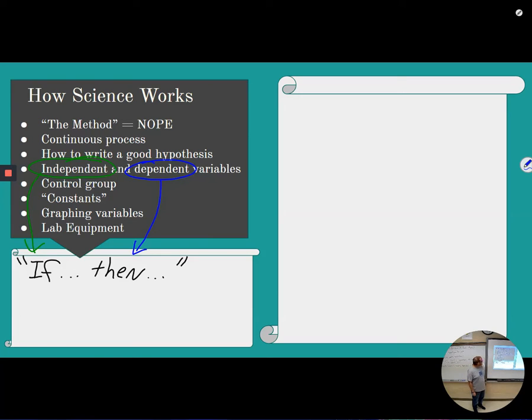Okay. In a good experiment, you've also got a control group. Your control group is something that you sort of use as a measuring stick to test other stuff against. So let's say that I want to see how giving my plants Mountain Dew versus giving my plants root beer will affect their growth. So maybe I've got a group of plants that I give Mountain Dew, another group of plants I give root beer to, but I've got another group of plants that doesn't get anything.